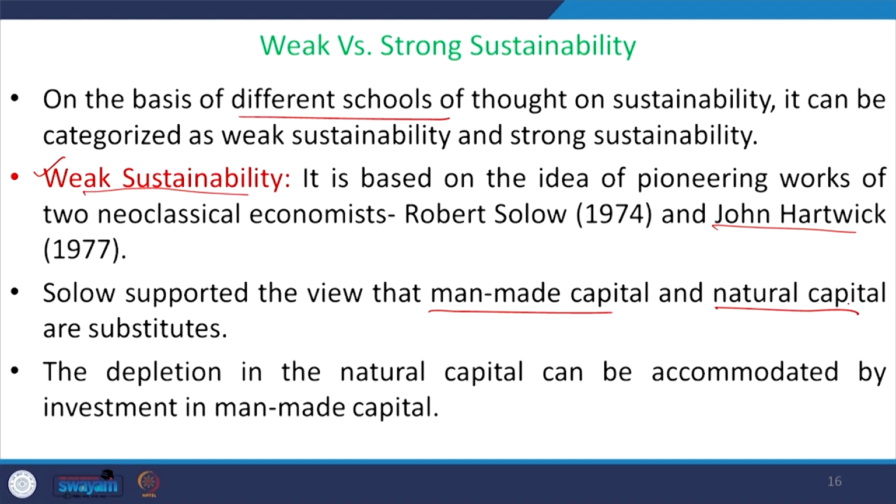So, in this context, if we believe in weak sustainability, that means there exists a substitute for natural capital, and man-made capital and natural capital are substitutes of each other.